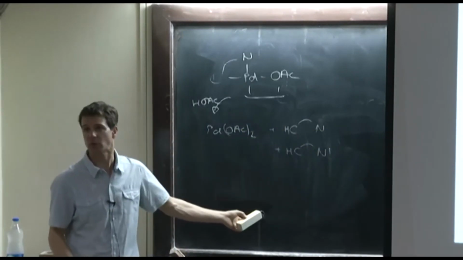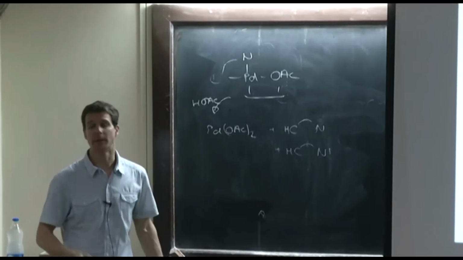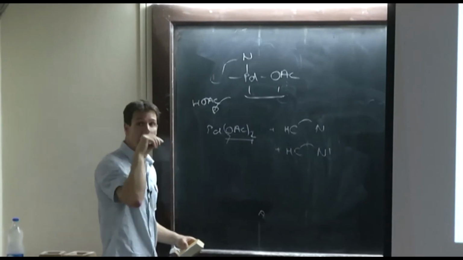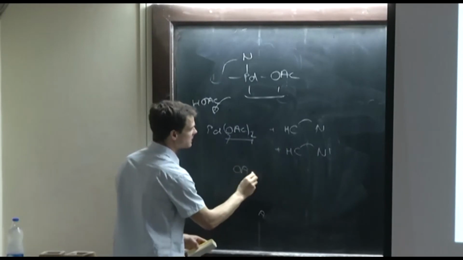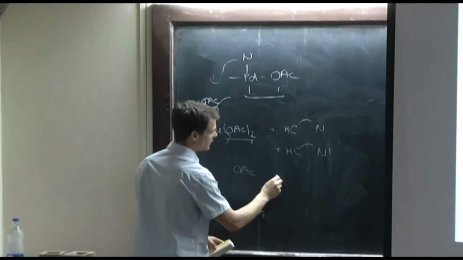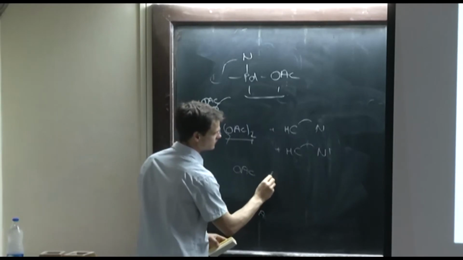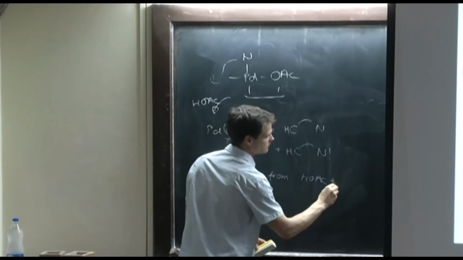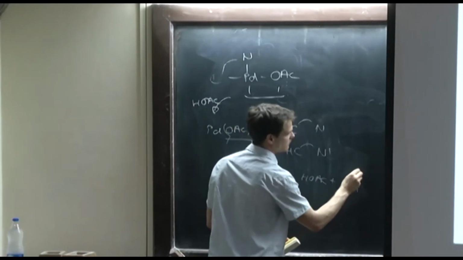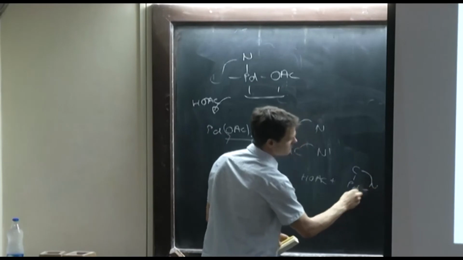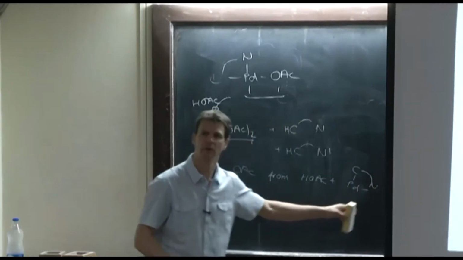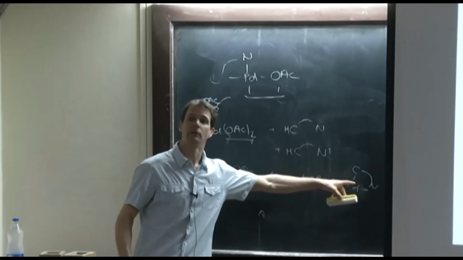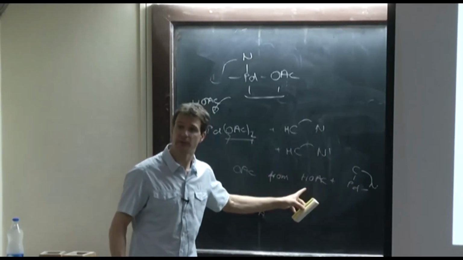So that I would call a dissociative mechanism. In both cases, we have acetate here, and we form more acetate in the reaction. Can you see this? So you form more acetate from this reaction, you form back the CH bond, which is acetate.